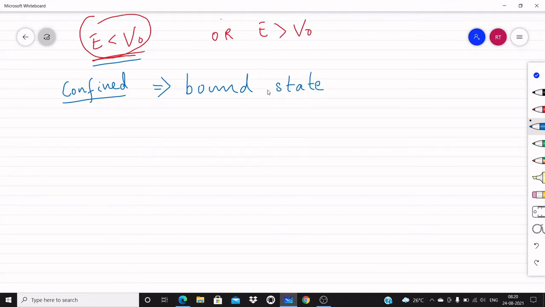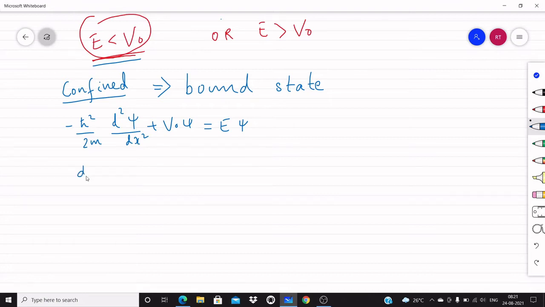Okay. So let us analyze the Schrodinger equation once more. By rearranging, our equation is minus h cut square by 2m d square psi by dx square plus V0 psi is equal to E psi. Let us rearrange by dividing throughout by minus 2m by h cut square.